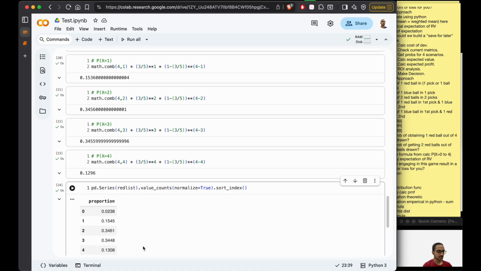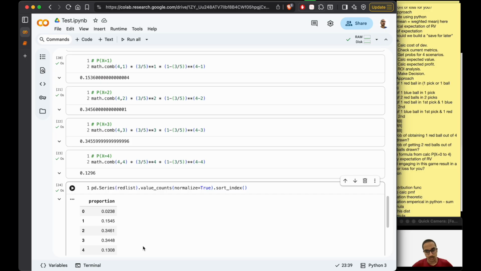You are seeing the difference because our sample size is just 10,000. Not sample size, I'm sorry, it's the number of trials. We only did 10,000 iterations, right?